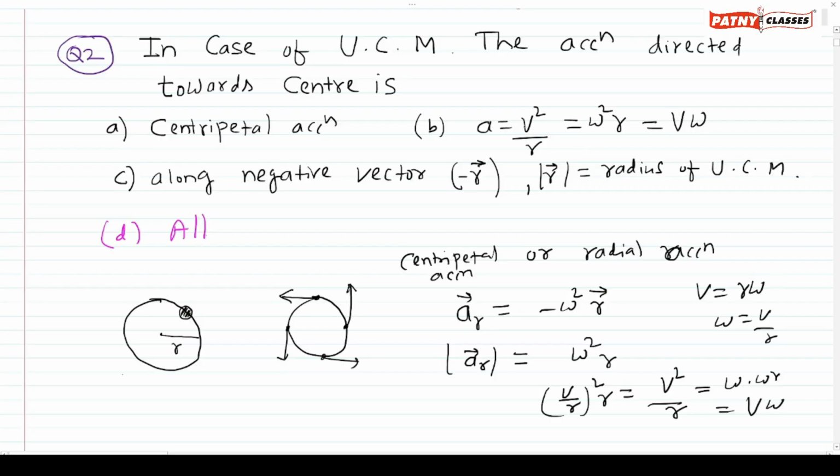Therefore, option B, a equals v square upon R equals omega square R equals v omega, is correct. And the centripetal acceleration is directed toward the center, so it is in the direction of negative vector of radius. Therefore, option C is also correct. It is also called centripetal acceleration, therefore option A is also correct. Therefore, option D, that is all options, is correct. We finally lock option D.